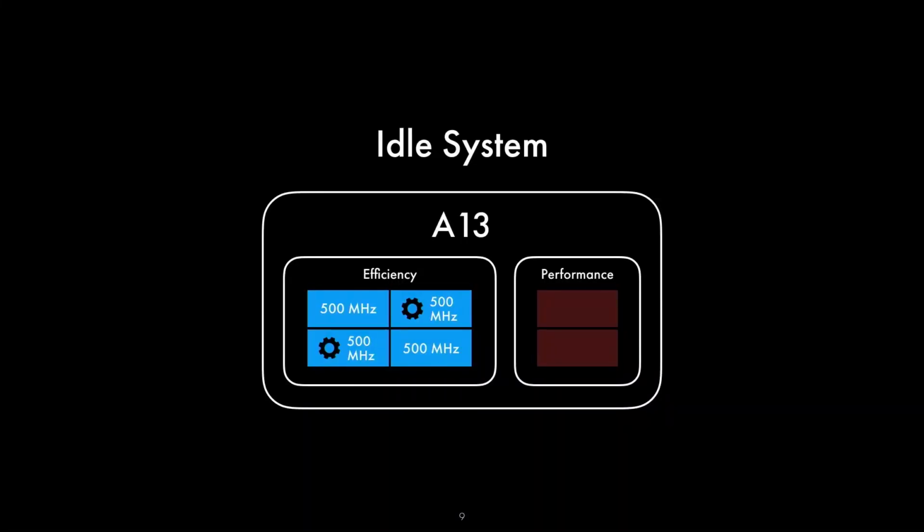So let's walk through an example of what the scheduler has to do. So let's start in an idle state where there's a few background processes, that's these tool icons here, running on the system, maybe checking for things like notifications. So the scheduler might decide to put all of the efficiency cores at 500 megahertz.